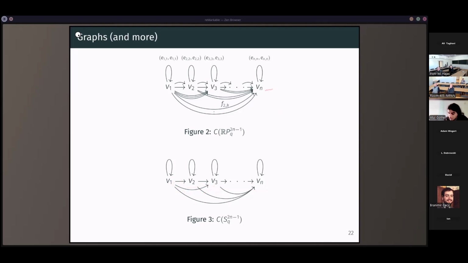But for the number of edges connecting Vi to Vj, i less than j, again everything goes in just one direction. We don't have any edges in the opposite direction. The number of these is just j minus i plus 1.